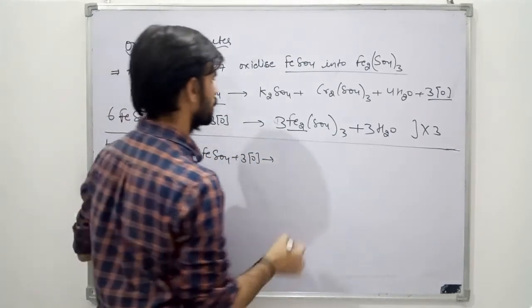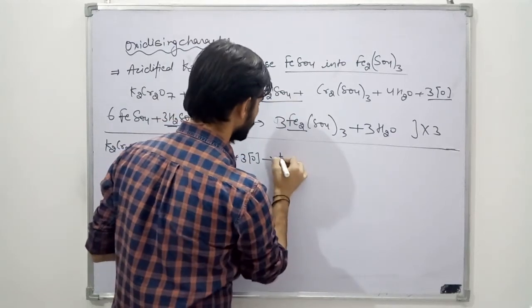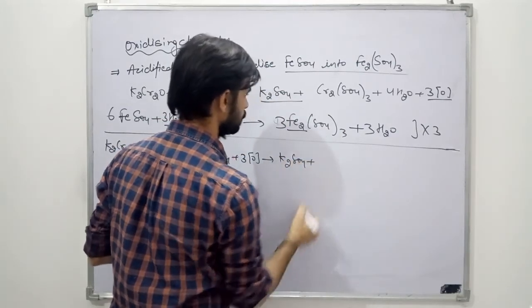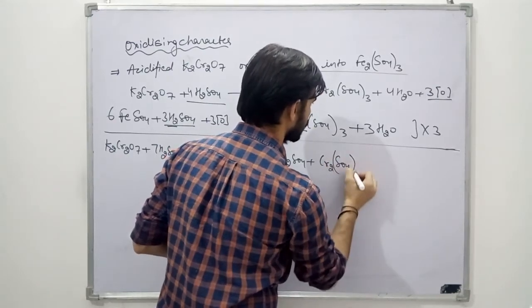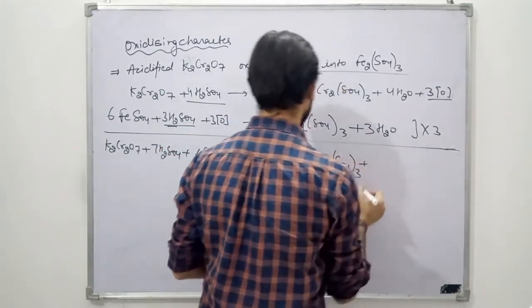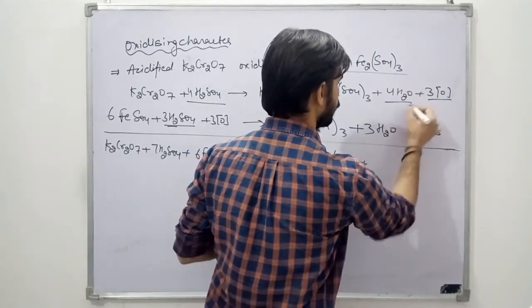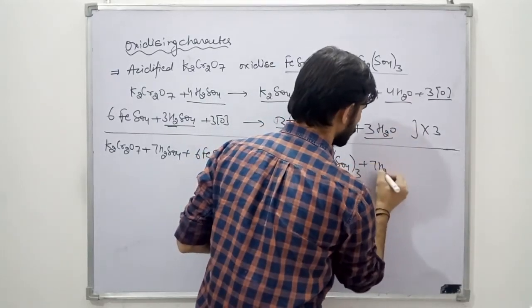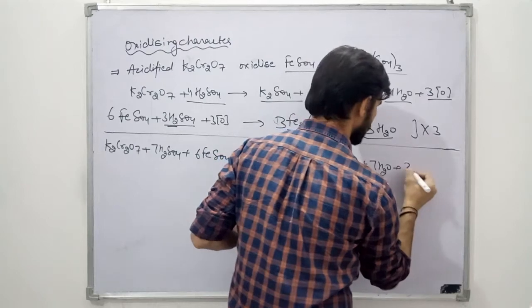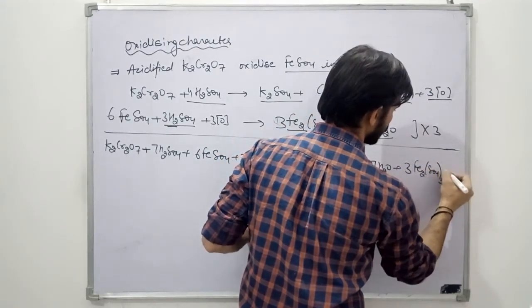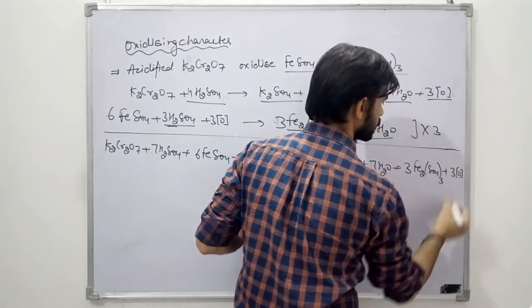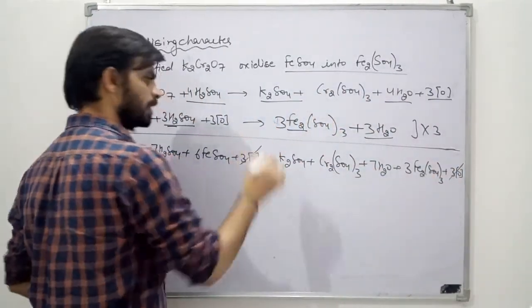It converts into K2SO4 plus Cr2(SO4) whole thrice plus 4 plus 3, 7H2O, plus 3 times of Fe2(SO4) whole thrice plus 3 nascent oxygen. The 3 nascent oxygen will cancel out.